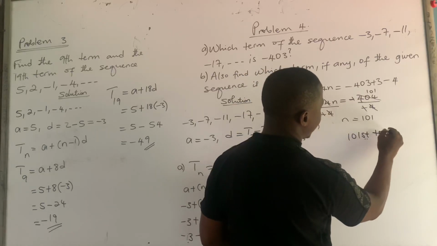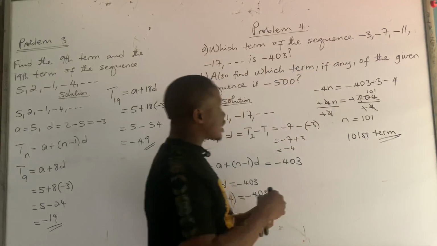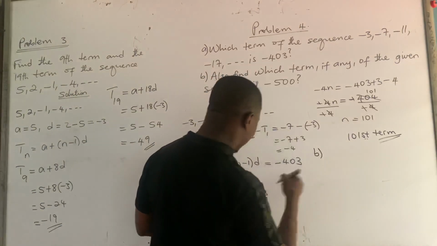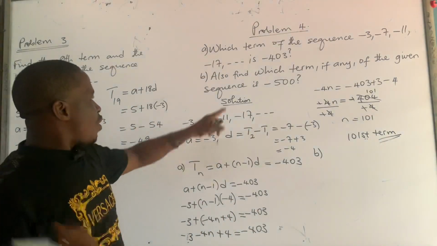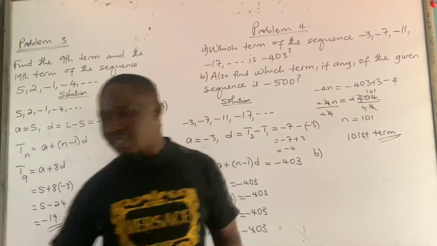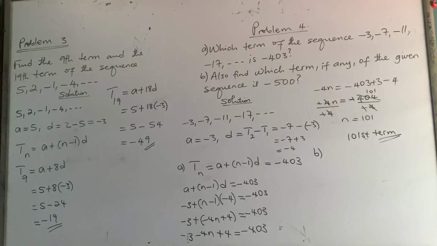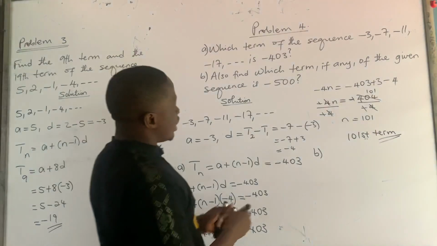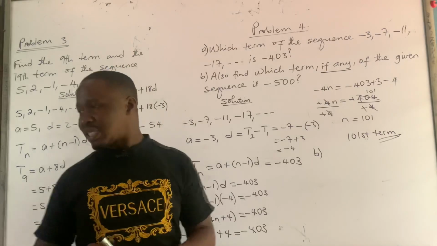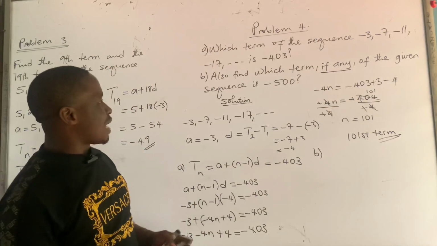The question asks us, which term is this? So part B of the question asks, also find which term, if any. The "if any" here means if the term exists.